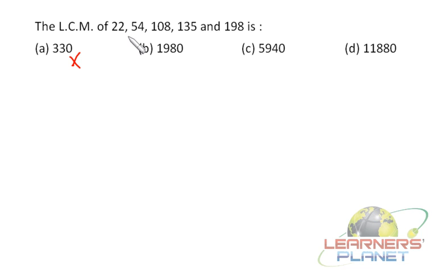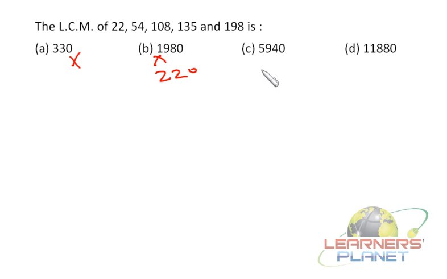Now let's see whether it is a multiple of 54 or not. For that we need to check it by 27. So let's divide 198 by 9 and then 3. If I divide it by 9, 9 2s are 18 and 0. Now it is divisible by 9, but it is not divisible by 3. Hence it won't be divisible by 27 and then 54. So it cannot be the right choice.